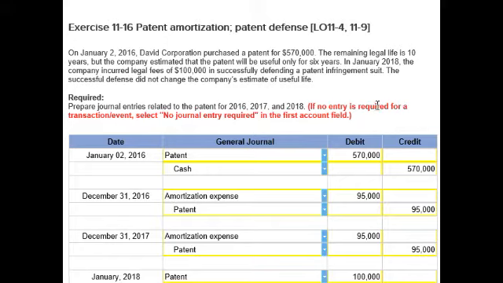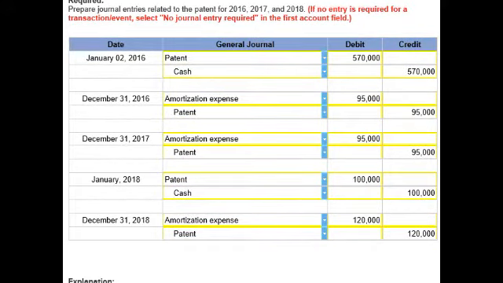Then the question says, in January 2018, the company incurred legal fees of 100,000 in successfully defending a patent infringement suit. When you have such type of legal fees, we capitalize it, meaning we add on to the original cost of the patent. Why?